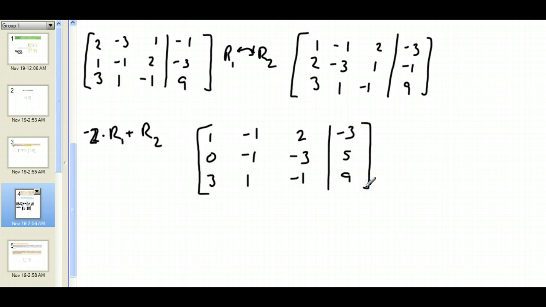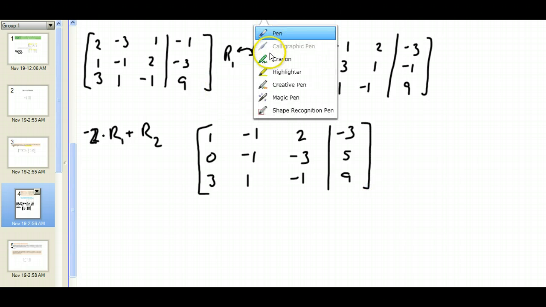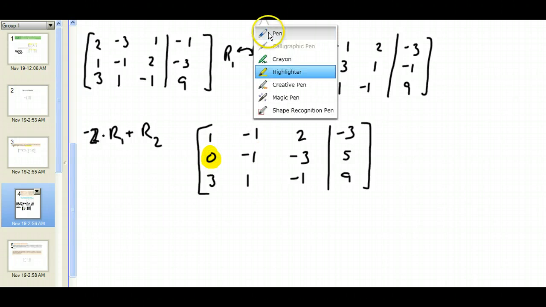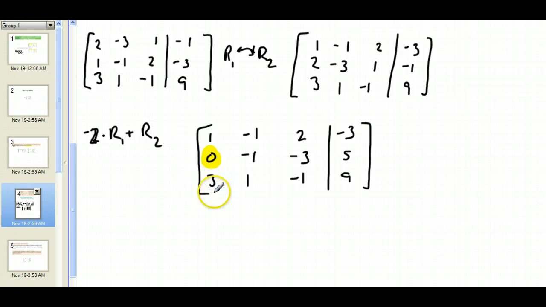So again, what did we do? Why did we do what we just did? To get that 0 right there. Now what's our next goal? Our next goal is to make this a 0 as well. So we're going to do negative 3 times row 1 and add it to row 3.